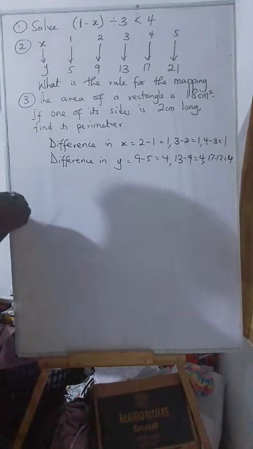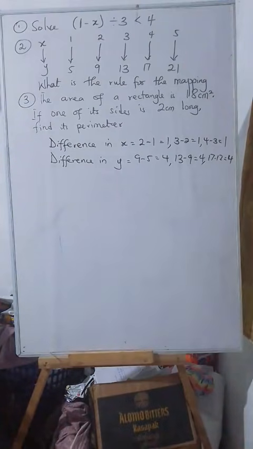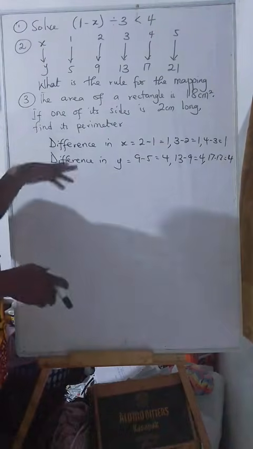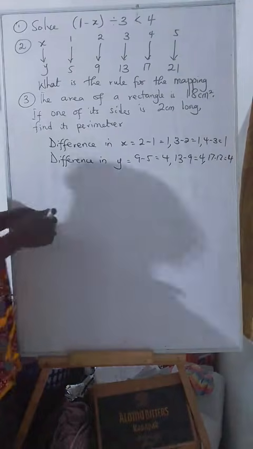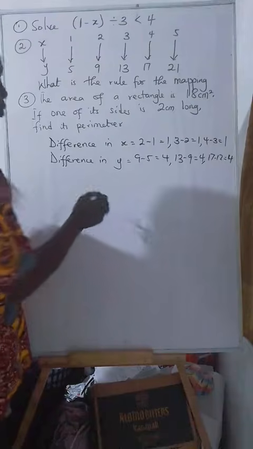So the difference in x is the same, then the difference in y is also the same. So therefore we can use the linear rule to find it. You can also use the method of inspection. I'm using the linear way to solve it.